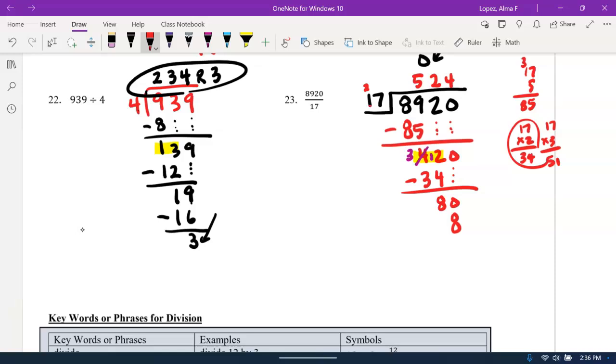And 4 times 1 is 4 plus 2 more is 6. Subtract. We are going to have to borrow again. From the 8, I'm going to borrow, leaving behind a 7, gives me a 10 there. So 10 minus 8 is 2, and 7 minus 1 is 6. This is our remainder. So we're going to write 524, remainder 12.